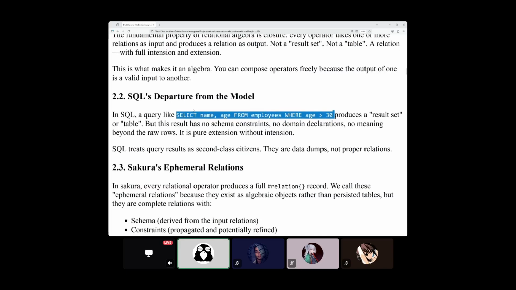So, in this query here, like select name, age from employees where age greater than 30, the result set is not really a set, right? It doesn't have schema constraints. It doesn't have any domain declaration.